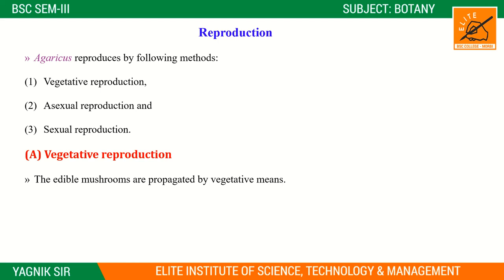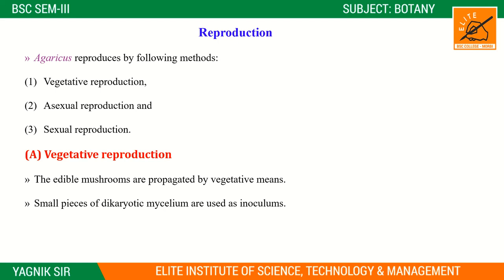Normally Agaricus is an edible mushroom, an edible genus, right? Because we use it as food. So the edible mushrooms are propagated vegetatively, and these are divided, broken into small pieces, and the dikaryotic mycelia are used as inoculants.